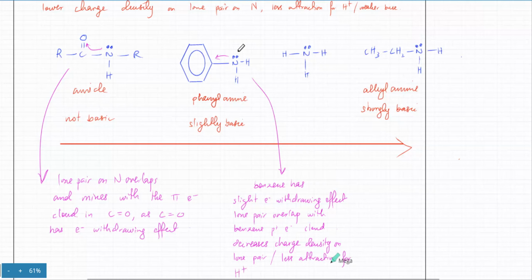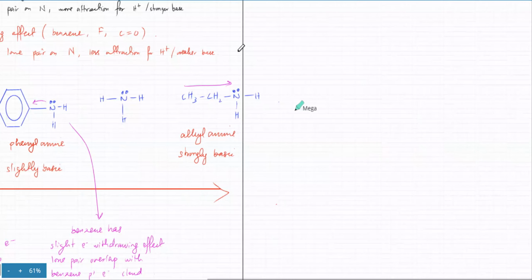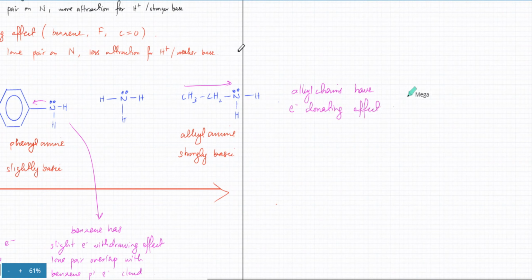And then the last one. The last one actually has an electron donating effect. If you have a carbon chain, you can write that alkyl chains have an electron donating effect, which increases charge density.